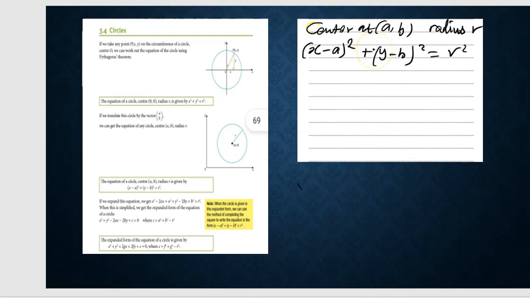So this is the standard equation of a circle.